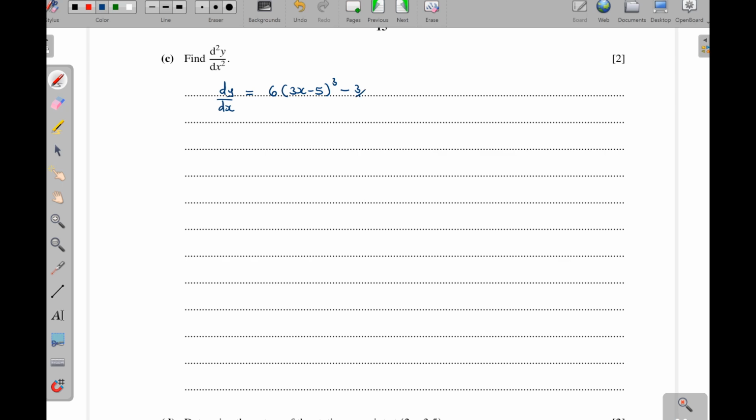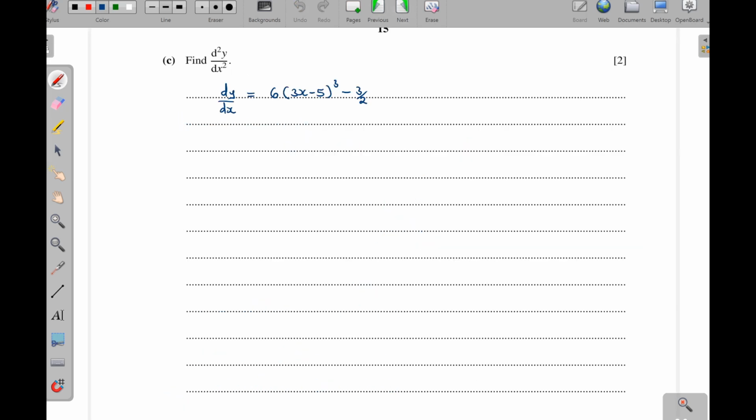So 3 over 2, and then is it x squared? Okay, x squared. Then the second derivative, remember, you differentiate what is differentiated. So it is d dx of dy dx.